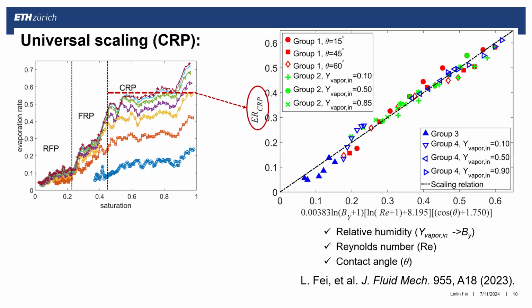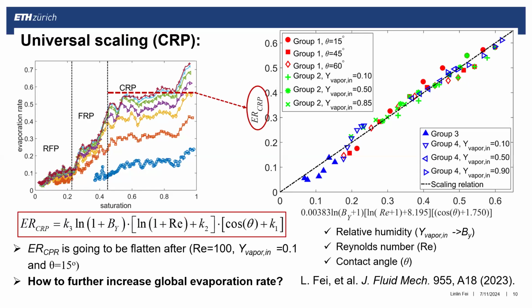And our aim is to enhance the drying rate or evaporation rate, right? So one method is to further increase this average evaporation rate in CRP. However, from this scaling law, actually it is nonlinear. So after a certain parameter range, the system will go to a limited regime, so we cannot increase it further.